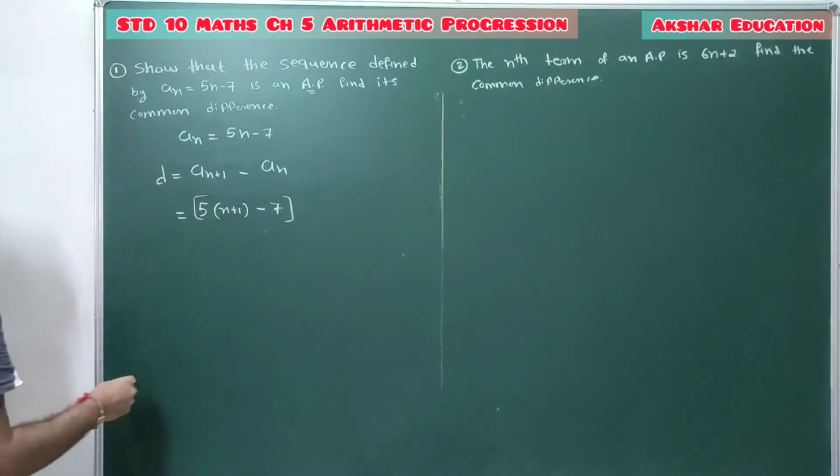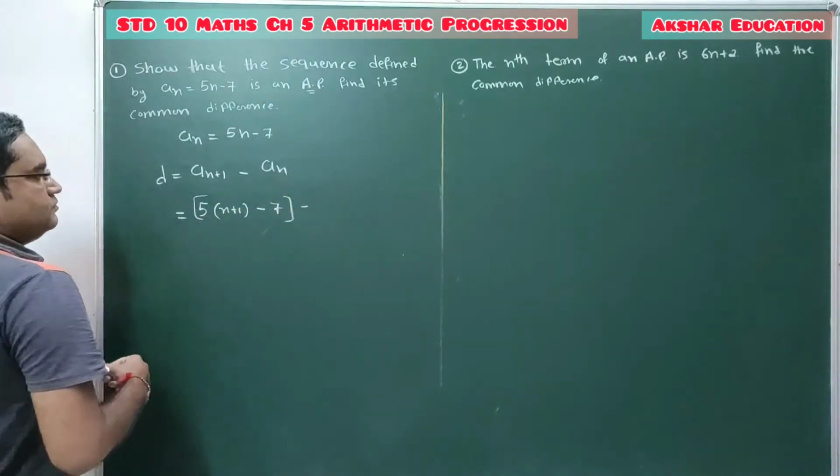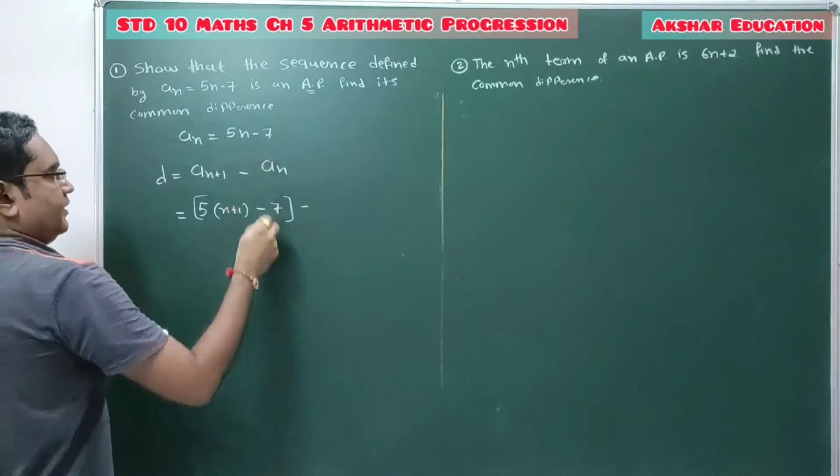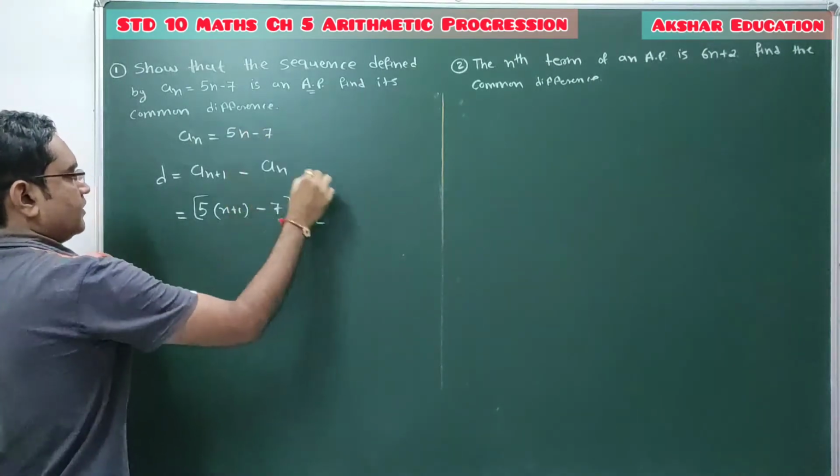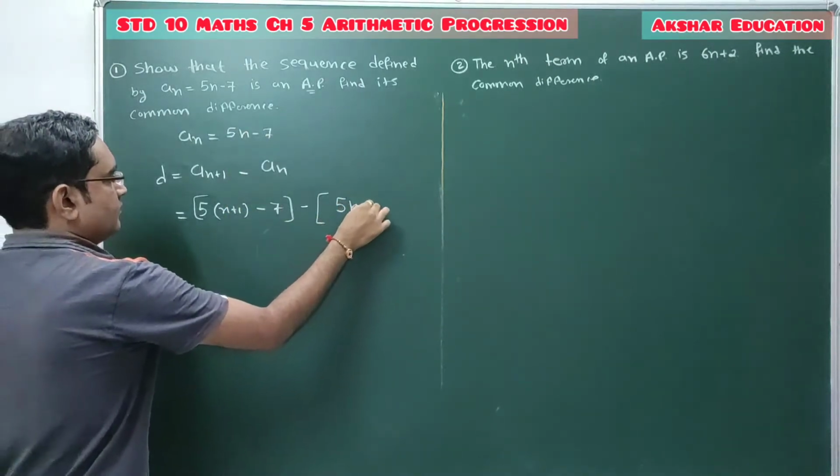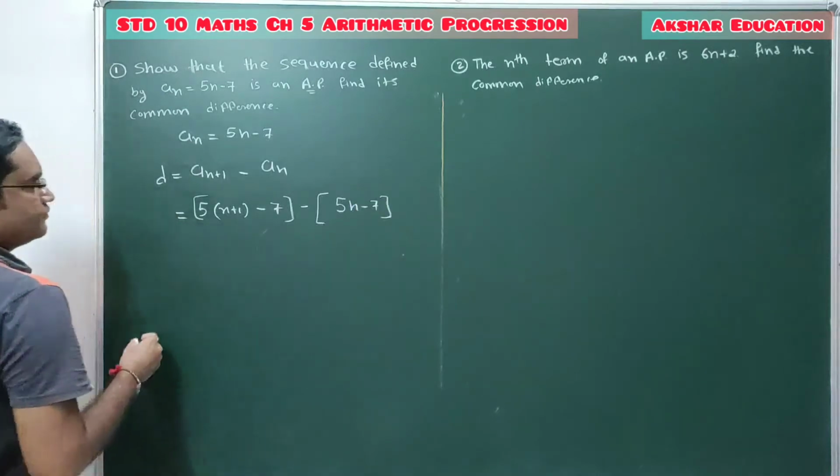This is the value of a_(n+1), minus a_n, which is 5n minus 7.